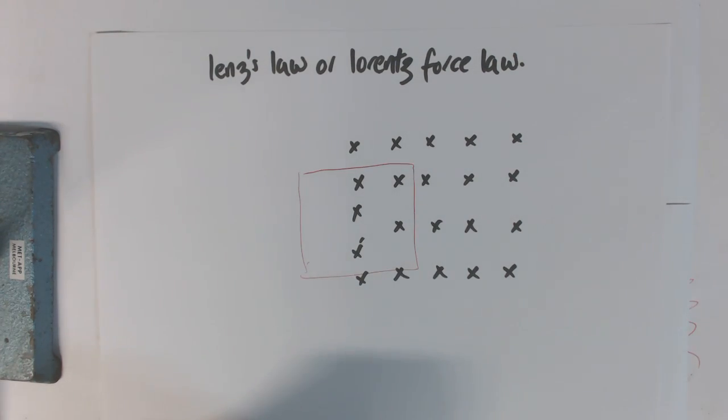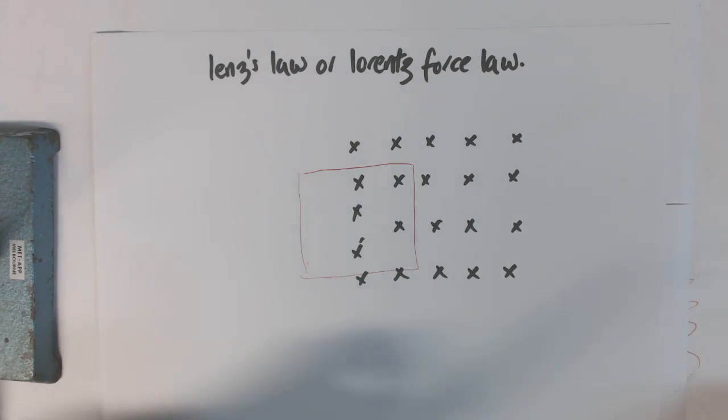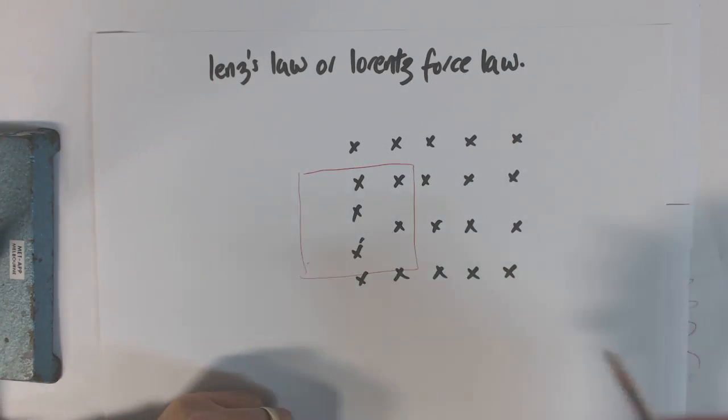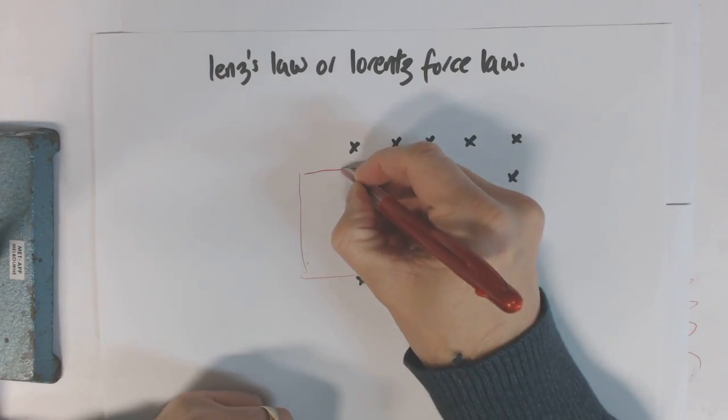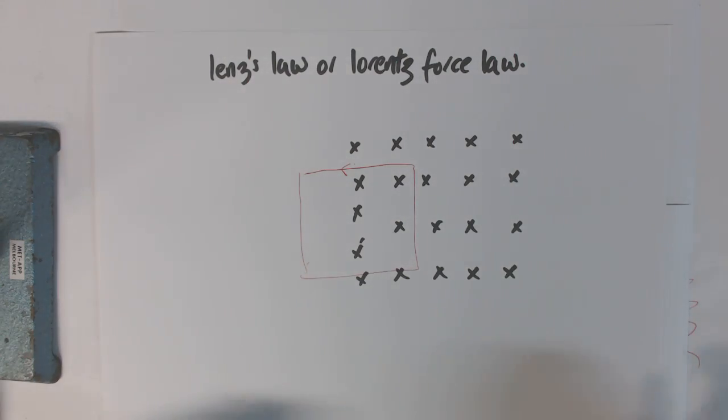So to oppose the change, we need a magnetic field which is going to come out through the loop. So to do that, our right hand rule tells us that the current's actually going to have to go this way, right? Go around that way, anti-clockwise. So I think we're all good there. That's the Lenz's law approach to doing this, using the right hand rule.